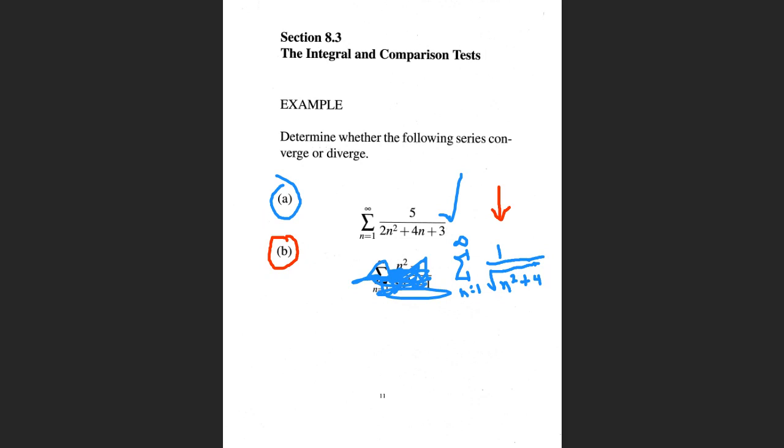We want to know if that series converges or diverges. Actually, I want to do one more thing. Instead of n squared, let's make it n to the third power. So it's n to the third power plus 4 under the square root sign.